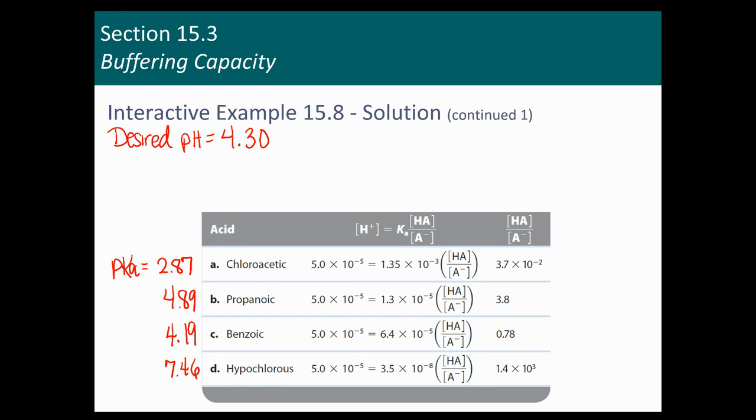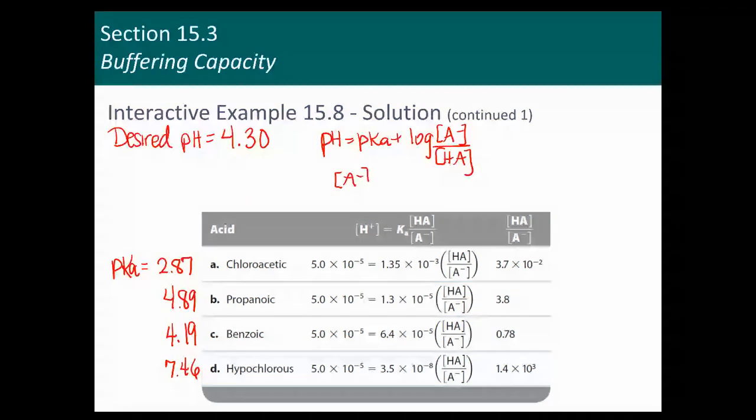Okay, so let's take a look at that ratio that's important in Henderson-Hasselbalch, which we talked about in the previous video lecture. How do I solve for A minus to HA? It would be 10 to the pH minus pKa.